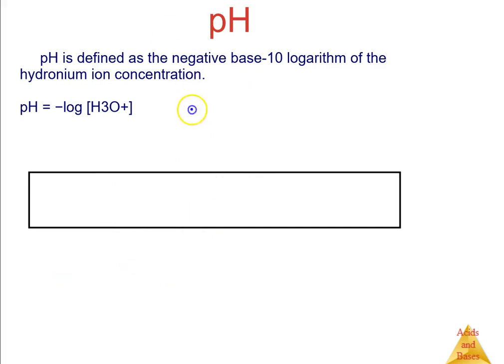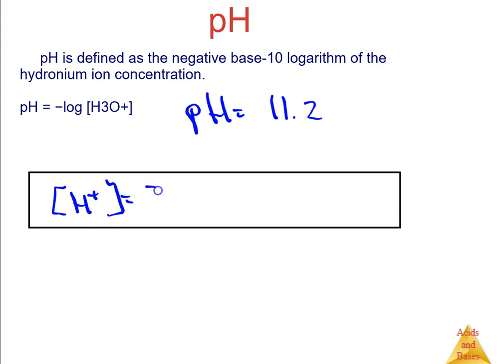Okay, now you do need to know how to go both directions. So if I tell you the pH equals 11.2, and I want to know the H plus concentration, we have to know how to go both ways. It's not bad. We need to take the inverse log of the negative pH. The inverse log on your calculator, you just hit second log, and you get 10 to the x.